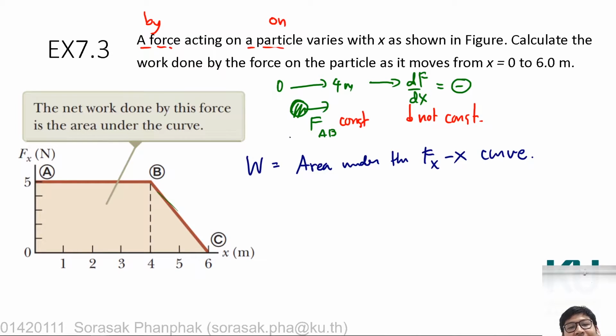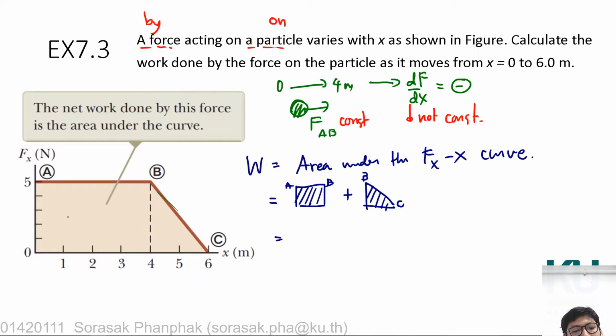If you would like to find the total work done by the force, you can find the area underneath it. So you have the area from A to B, which is the rectangular area, and you add another area, which is a right triangle from B to C.